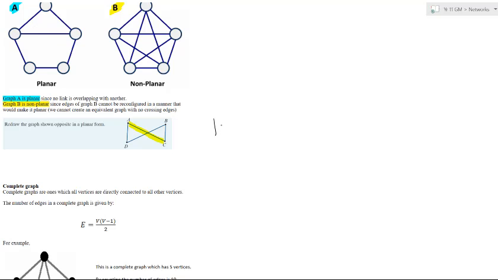Yes, you can. Let's do A, D, C, and I'm moving that one so that A connects to C but does not cross D, B. So I could go all the way around like that. That still represents the same information.